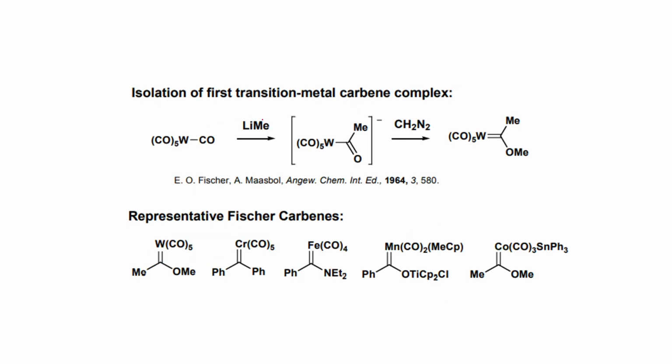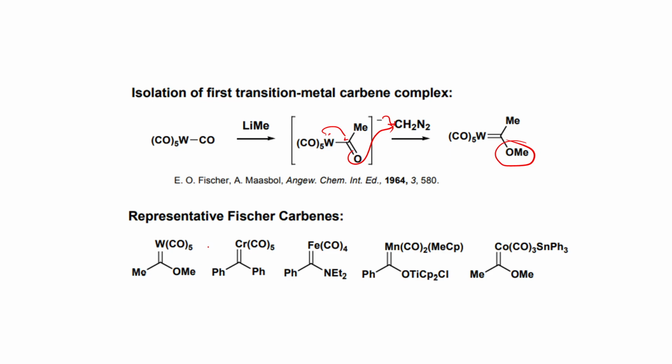With methyl lithium, this carbonyl unit is reacted at first to generate this kind of unit, followed by the diazomethane unit being reacted. So this O minus now reacts over here and you can have this methyl. This O minus is reacting with this and you are having this.